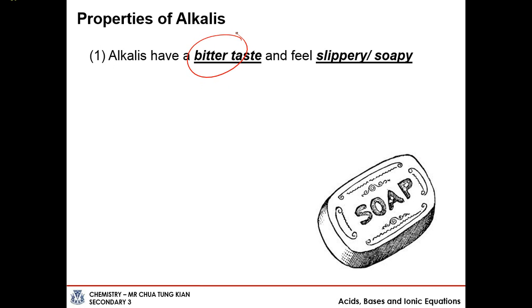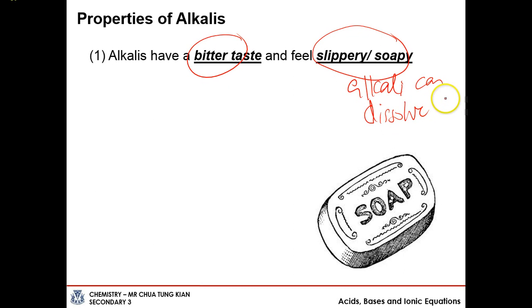Right, it's extremely bitter. So why do alkalis feel slippery or soapy? This is because the alkalis by themselves are not slippery or soapy, definitely, but the alkalis can dissolve the very, very thin layer of oil on your skin surface.